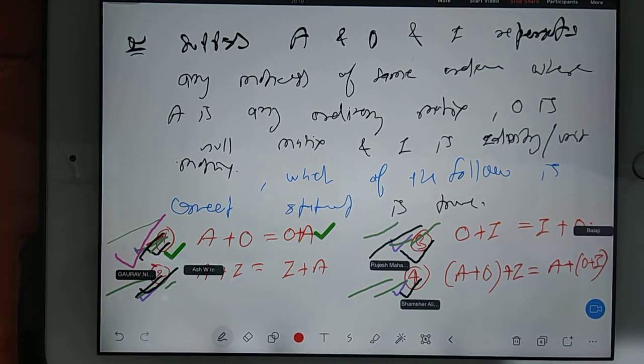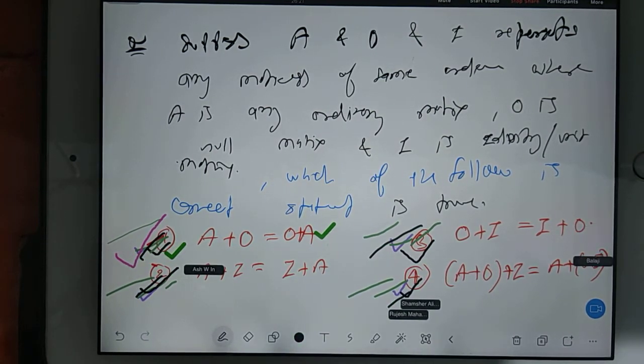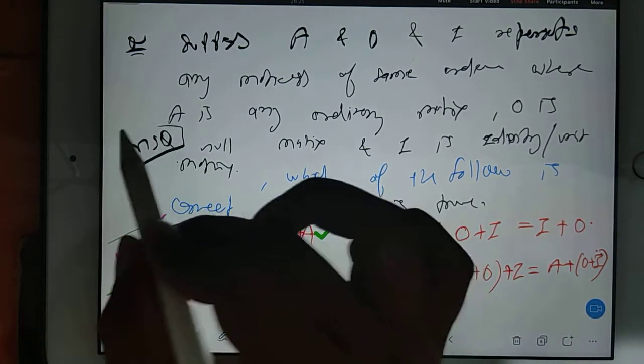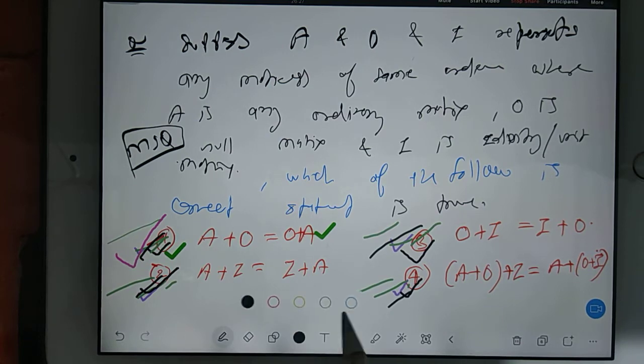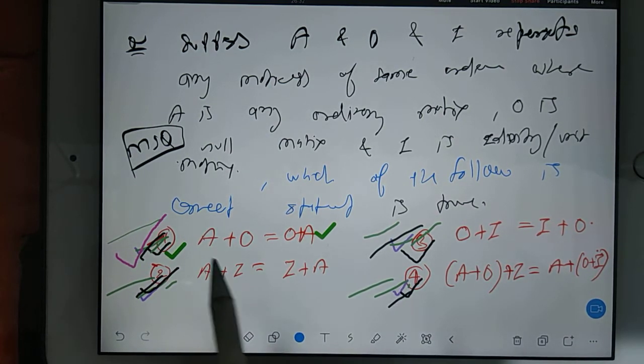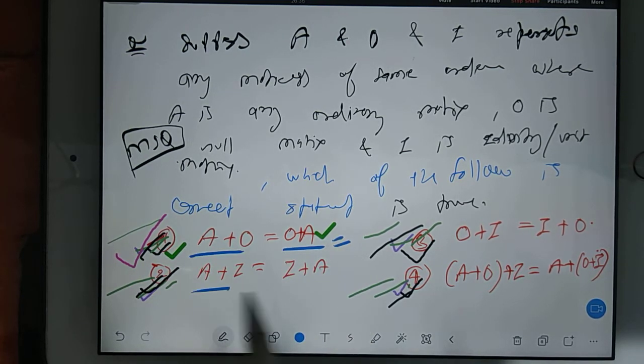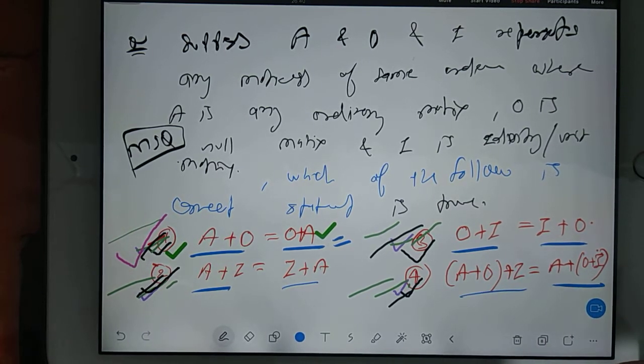Very good. Actually, you see all are correct here. So this question falls under the category of MSQ, multiple select question. All the options are correct. If you add like this, it is acceptable. Add like this, the same answer will come. Add this and this, the same answer will come.